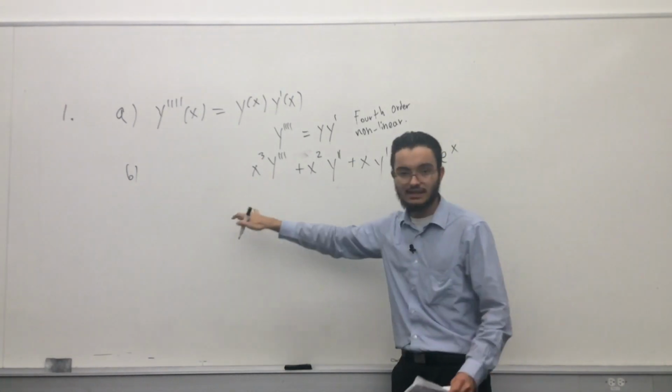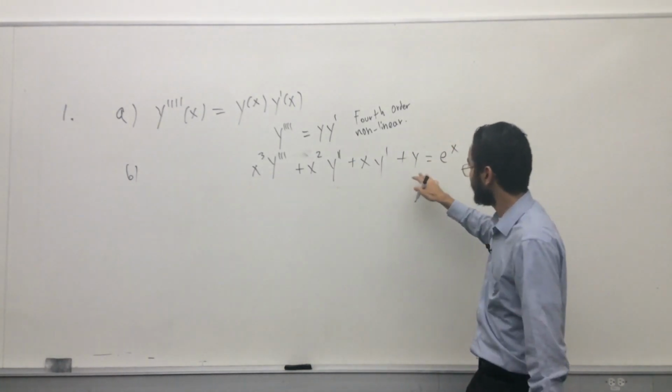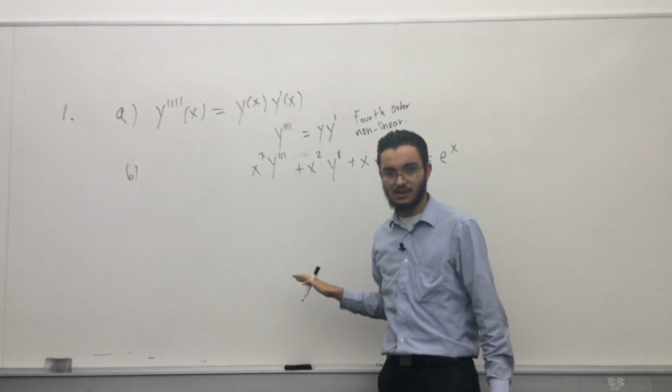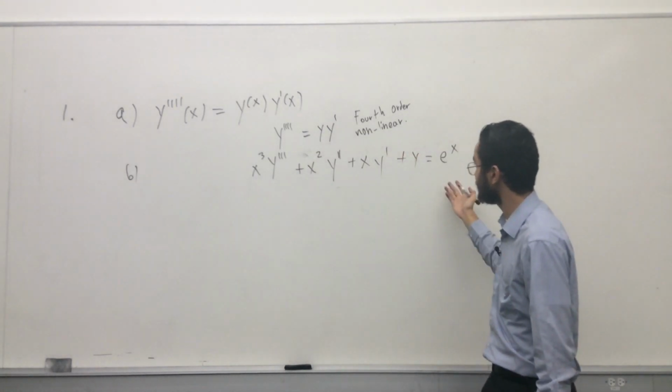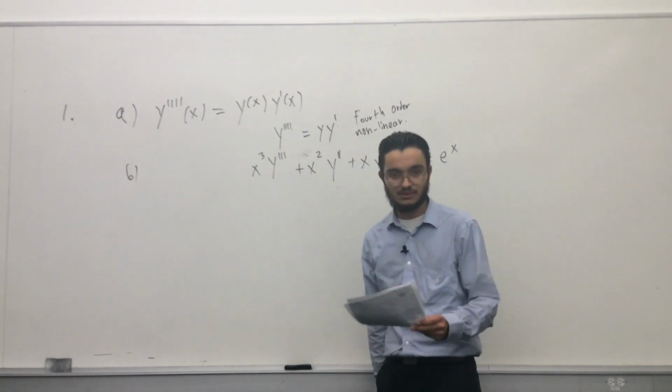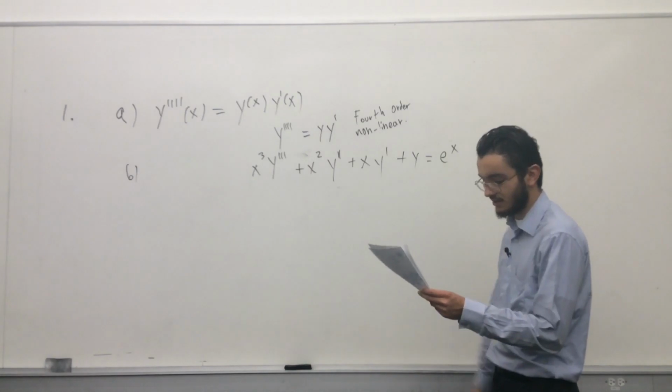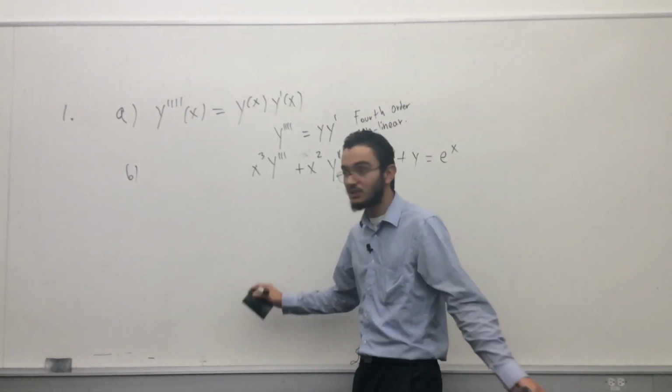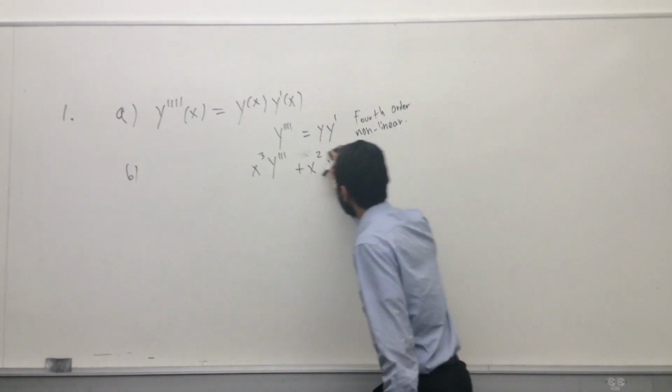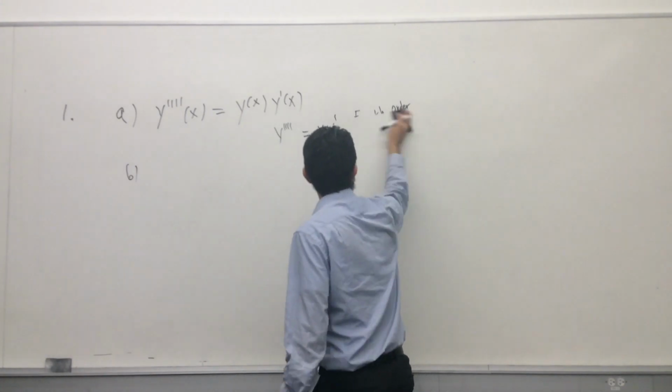Like I said, it's in standard form. This is one of the standard form linear differential equations. It's a 3rd order differential equation, so you can write that down. So that's question 1. It's actually not too bad.